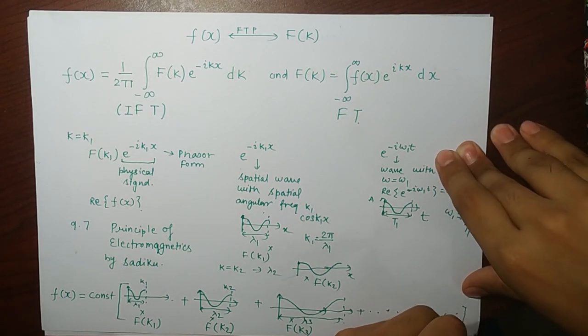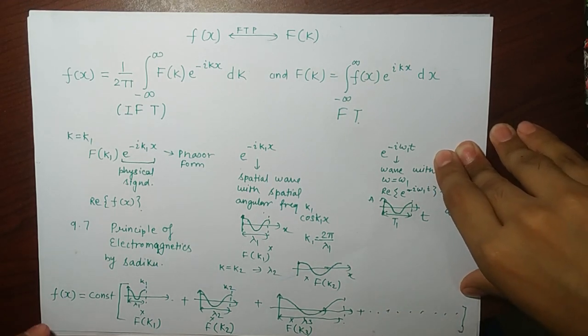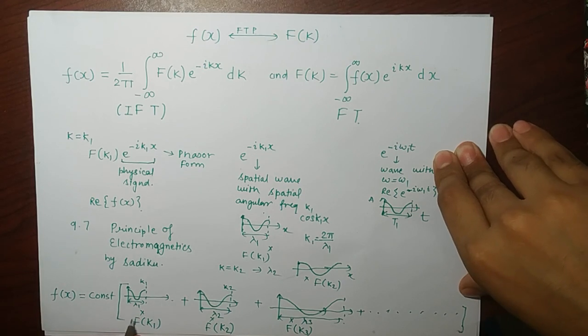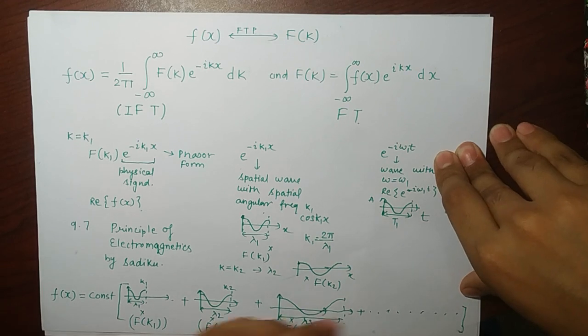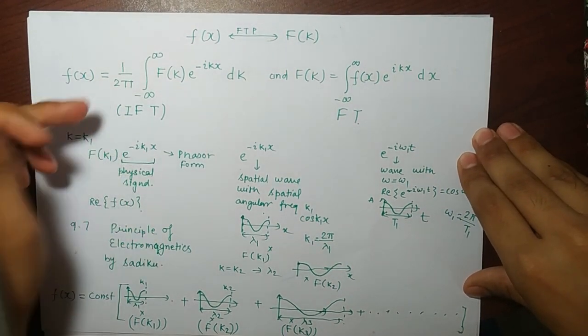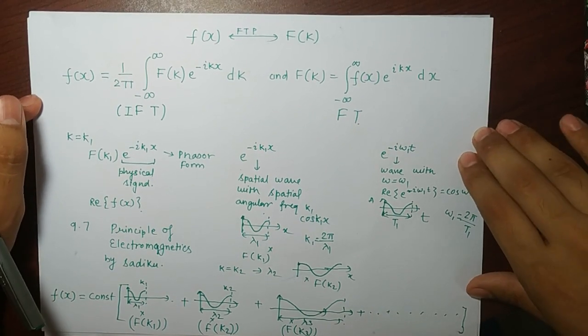This helps you visualize what f(x) is. Again, it's just the summation of different spatial angular frequencies multiplied with their particular coefficients. This is how you can visualize any f(x) in the inverse Fourier transform.